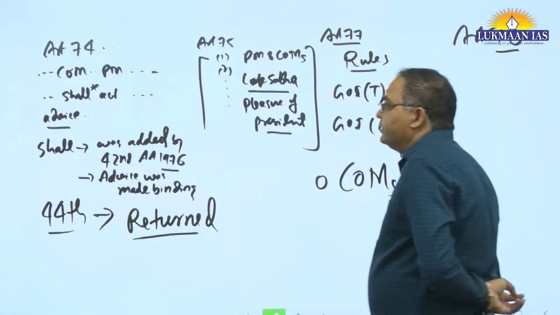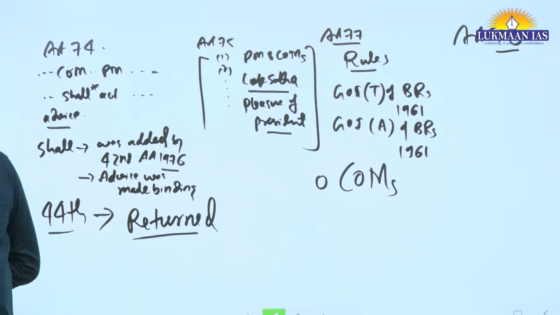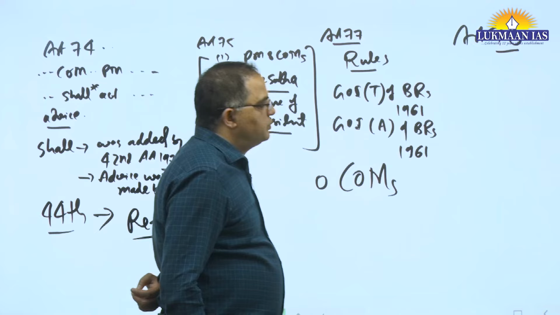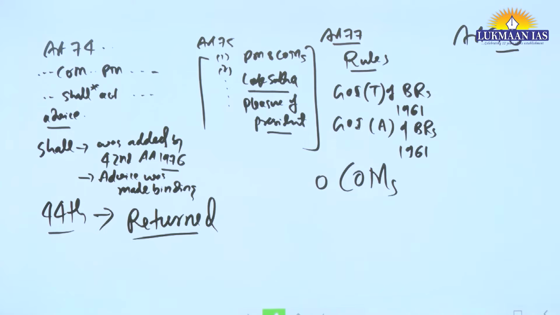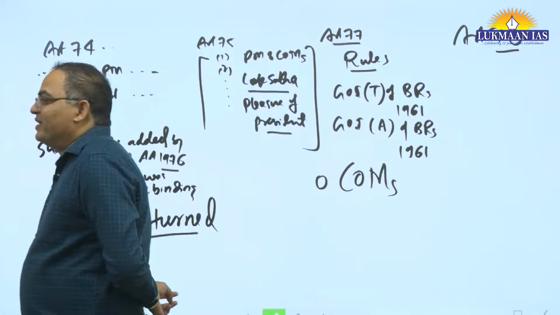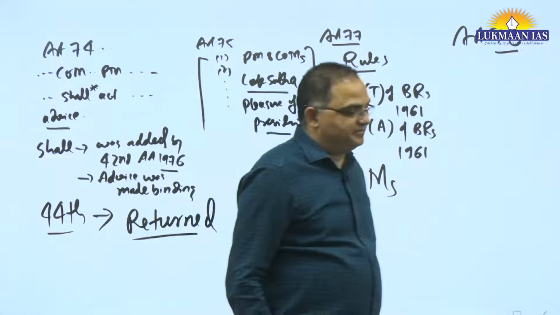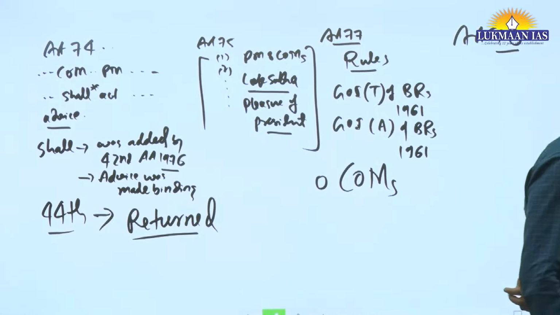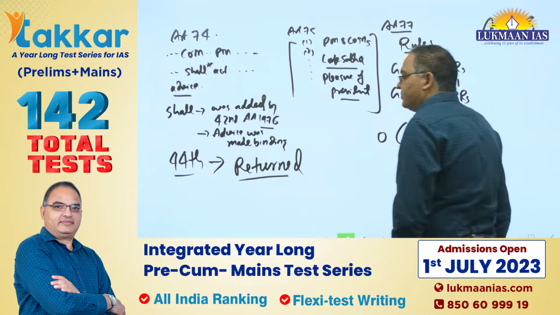Next, Article 78. It is the duty of the Prime Minister to communicate to the President from time to time about the decisions of the government and various developments.